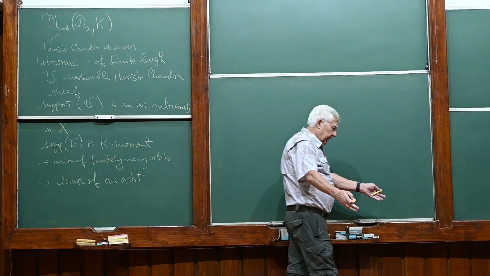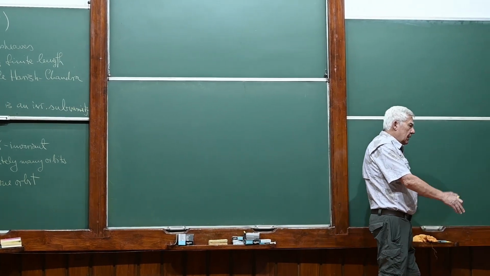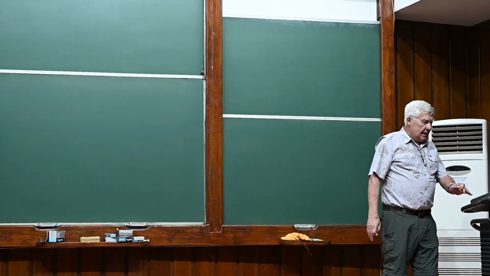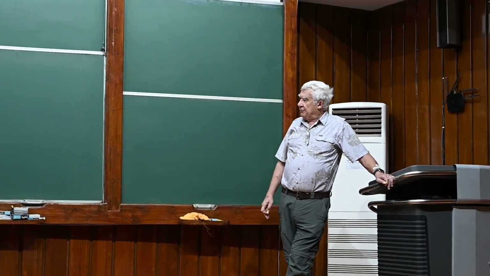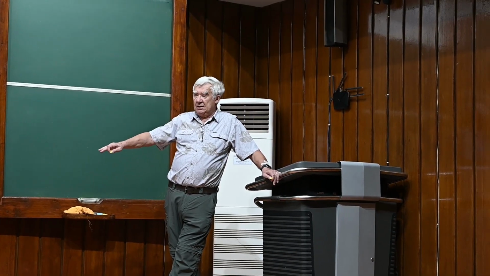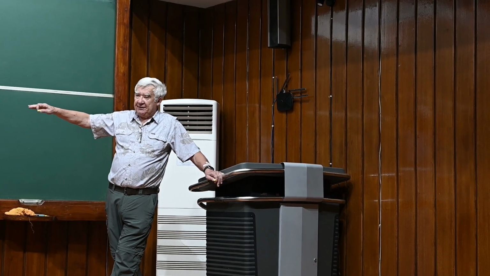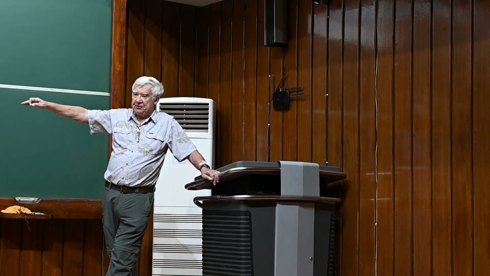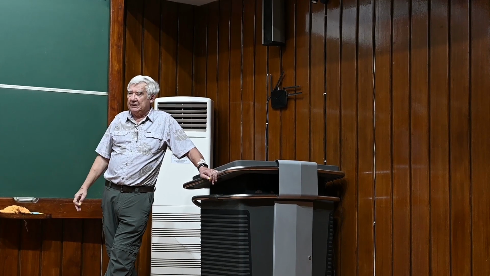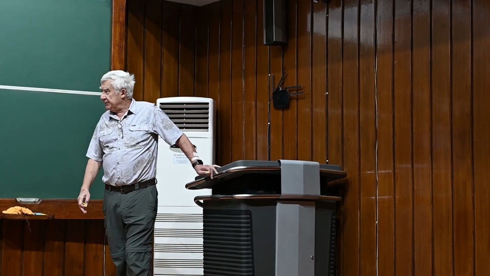Basically, you look at these finitely many orbits, you pick an orbit of maximal dimension, and then it has to be dense in the support. The support is its closure. Otherwise, this would contradict irreducibility.